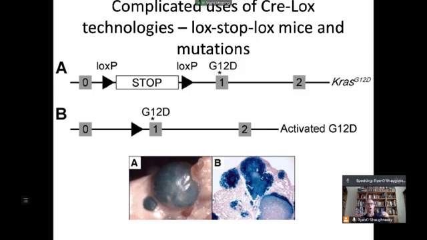So the more complicated uses of Cre-Lox technology, and we talked about these in those fate mapping experiments, is how we can use LOXP to activate a mutation and mark it at the same time. What we have here is a LOXP flanked stop domain in a transgenic KRAS with a mutation that makes it oncogenic.